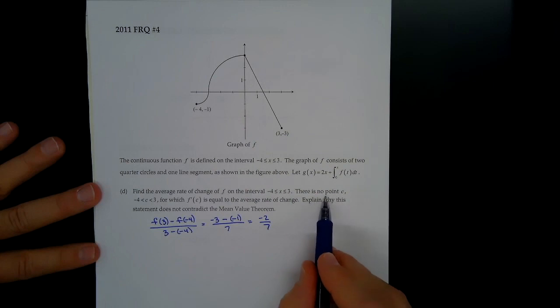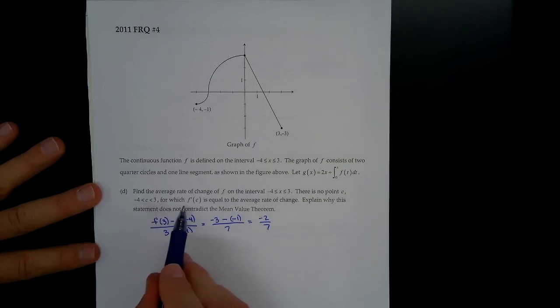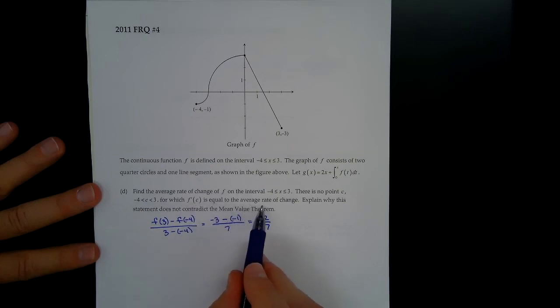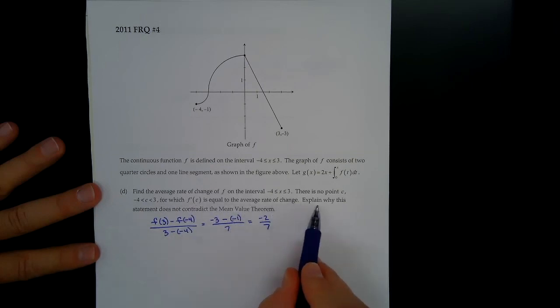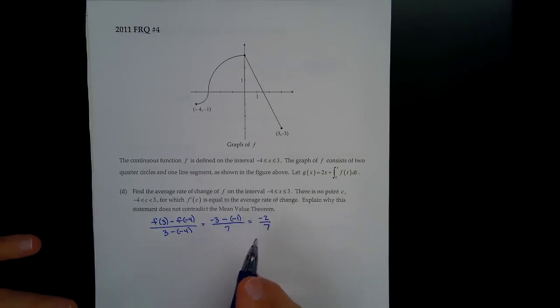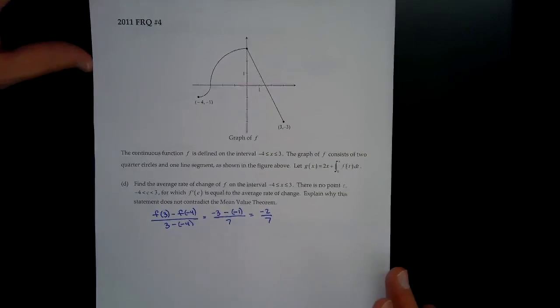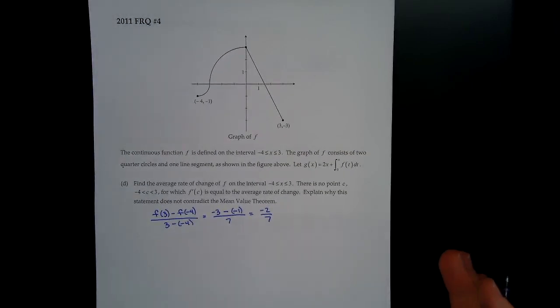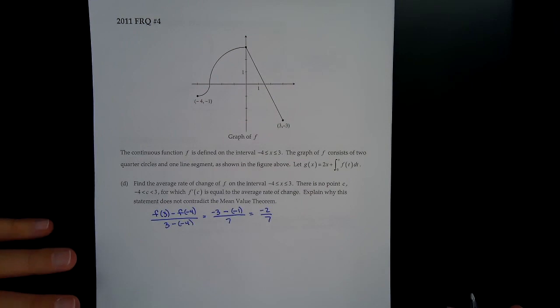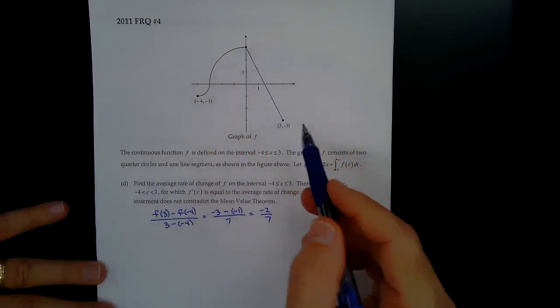There is no point C between -4 and 3 for which f prime of C is equal to the average rate of change. Explain why this statement does not contradict the mean value theorem, okay? So here's why. So this is saying basically we can't use the mean value theorem, right? Okay, so why is that? It's saying the continuous function f, and we can see f is continuous, right?